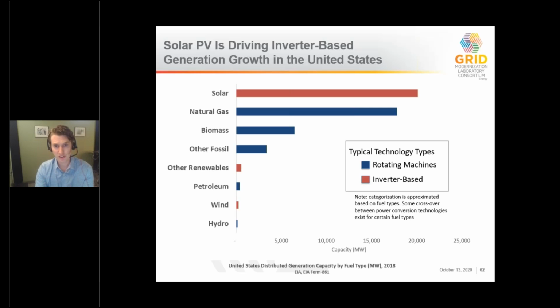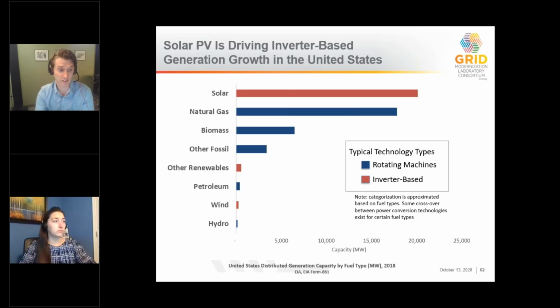The other technologies could use an inverter interface, or they could rely on more traditional rotating machine technology. So the point here really is that inverters are a growing and important part of the system, and thinking about how to integrate them is going to continue to be an important aspect here.